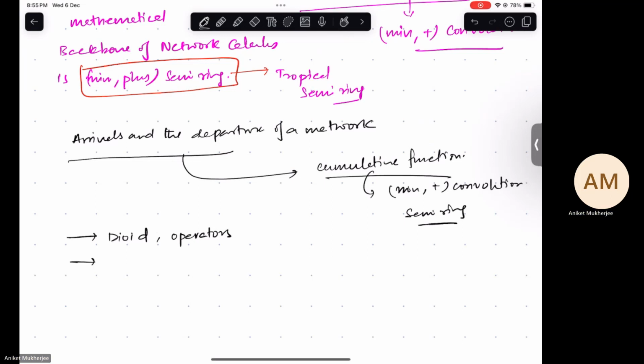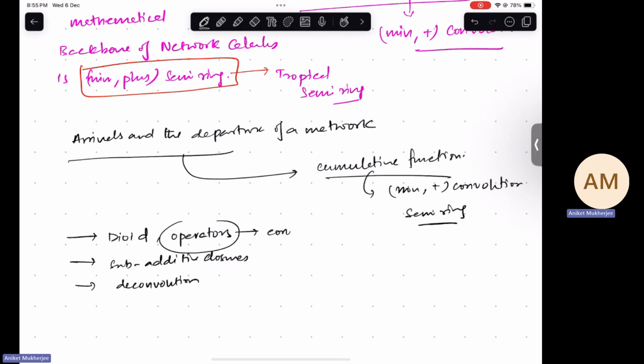Next, we'll discuss other operators such as sub-additive closures and deconvolution operators. So among these operators, we'll discuss convolution and also something known as the Kleene star operator.